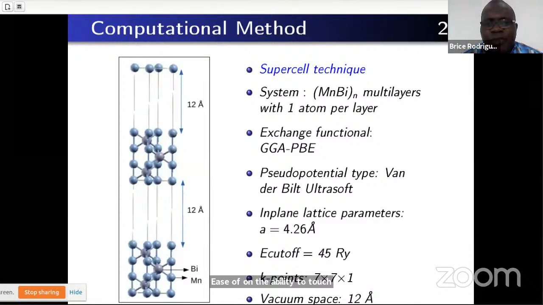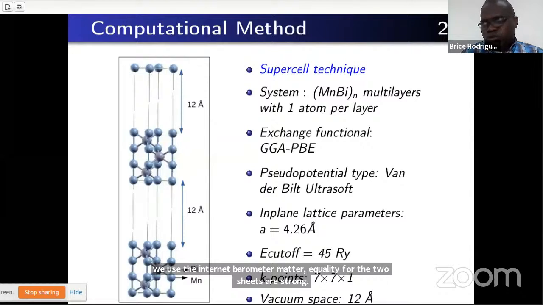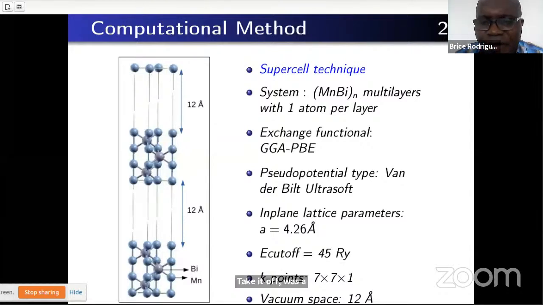And we use the in-plane parameter a equal 4.26 angstrom. The cutoff was the same, 45 Rydberg. The k-point sample was 771, and the vacuum space was about 12 angstrom.